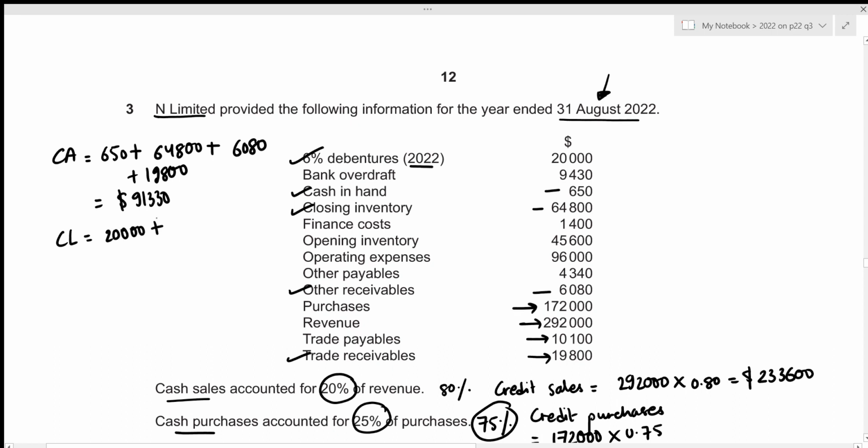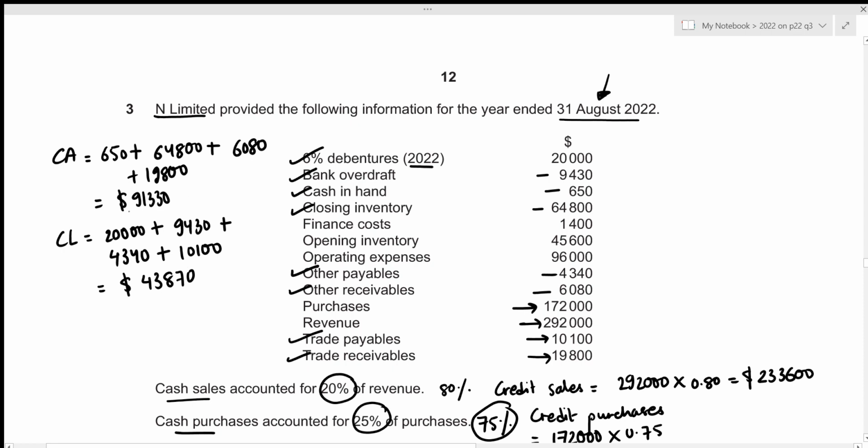Then we are also given the bank overdraft with the amount of 9,430. Then the next one we need to include will be other payables with the amount of 4,340. Then we have our trade payables with 10,100. And this results in the total current liabilities to have the amount of 43,870.